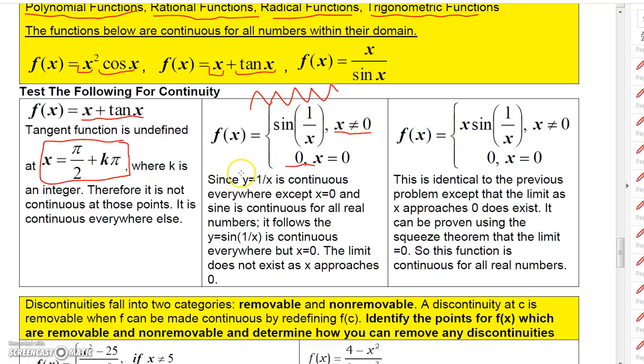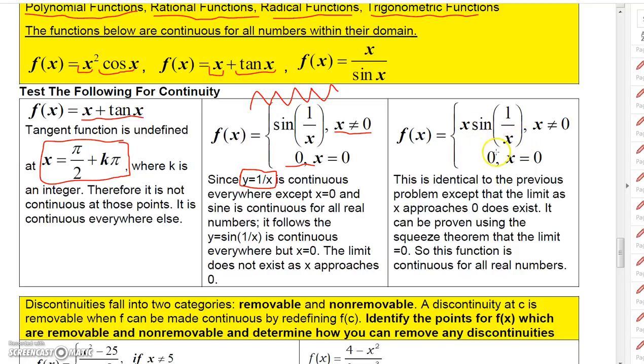Well, first of all, 1 over x is continuous everywhere except 0, and the sine function is continuous for all real numbers. So it follows that the sine of 1 over x is continuous everywhere but x equals 0. Therefore the limit does not exist as x approaches 0. So since the limit does not exist, this function is discontinuous at x equals 0.